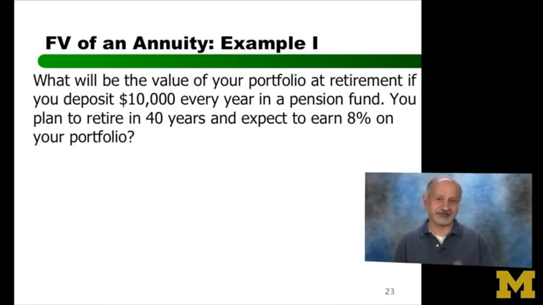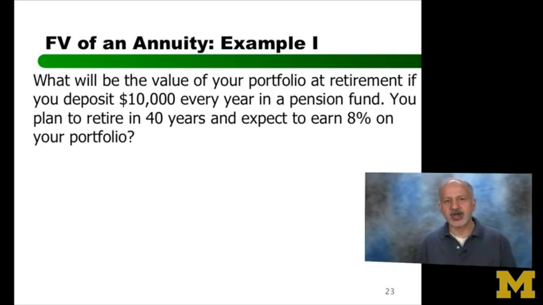It can be 11,000 one year, 9,000 the other. But oddly enough, to make life simple perhaps, many people tend to put away a certain amount of money every year for things they need in the future. So the notion of a pension fund is that at some point I'm going to retire and I need some money. So you put away 10,000 every year.